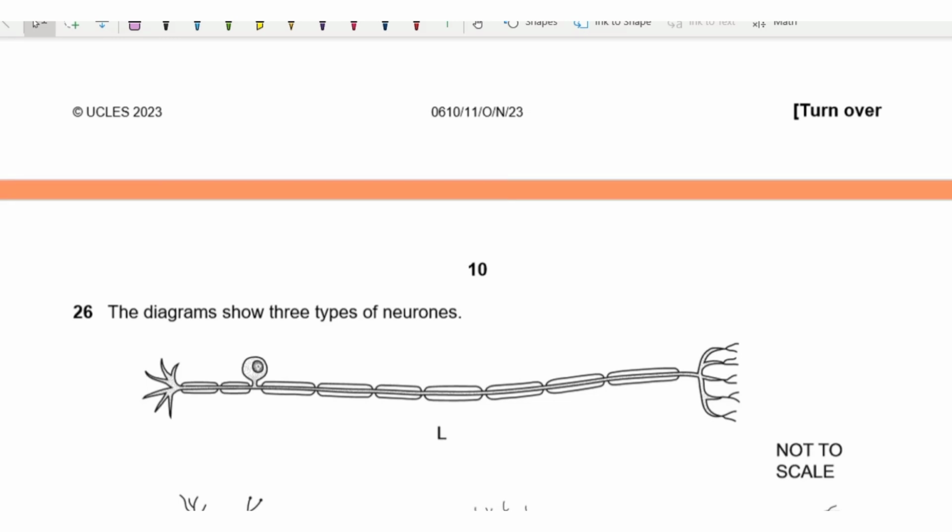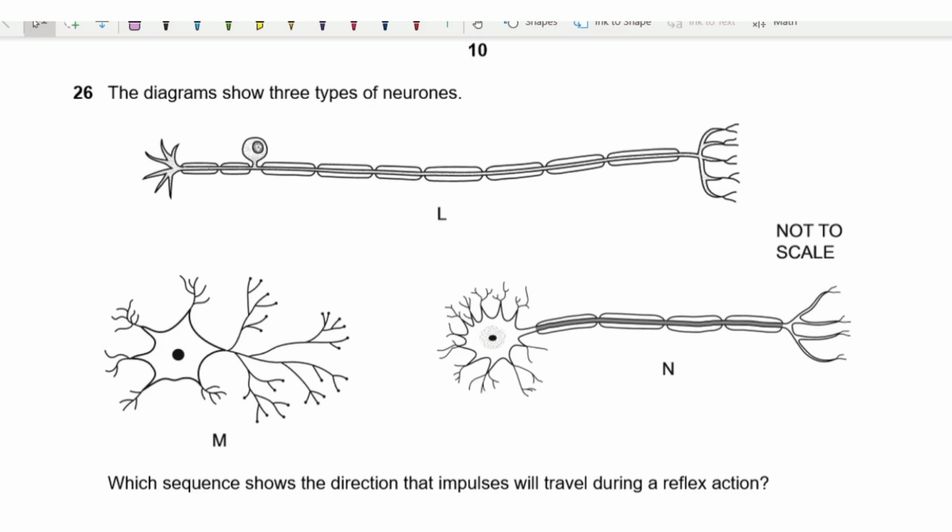Question 26 says, the diagram shows 3 types of neurons. Which sequence shows the direction that impulses will travel during a reflex action? So it will be good enough if we can just name these neurons.